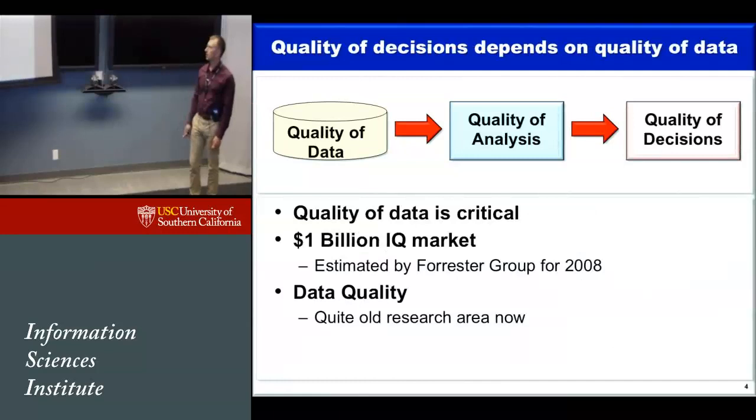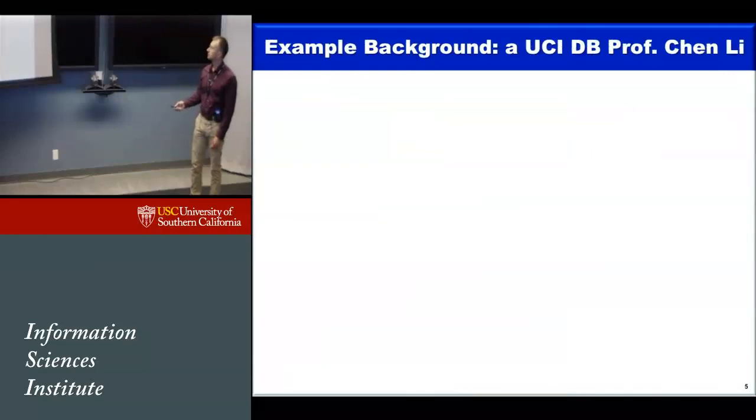Consequently, quality of data determines quality of analysis and determines the quality of decisions. Information quality was estimated to be a 1 billion market by the first research group in 2008. And it's actually quite an old research area, at least 50 years old.